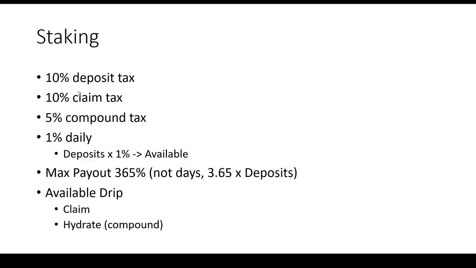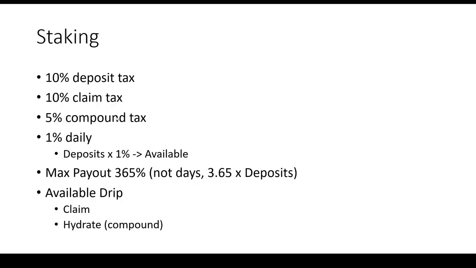When you build up some available tokens in your staking contract, in the Faucet contract, and you want to claim out some of your tokens that you've made, you will pay a 10% tax on those as well. So if you built up 10 drip tokens in your available balance and you wanted to claim those, you're only going to get 9.